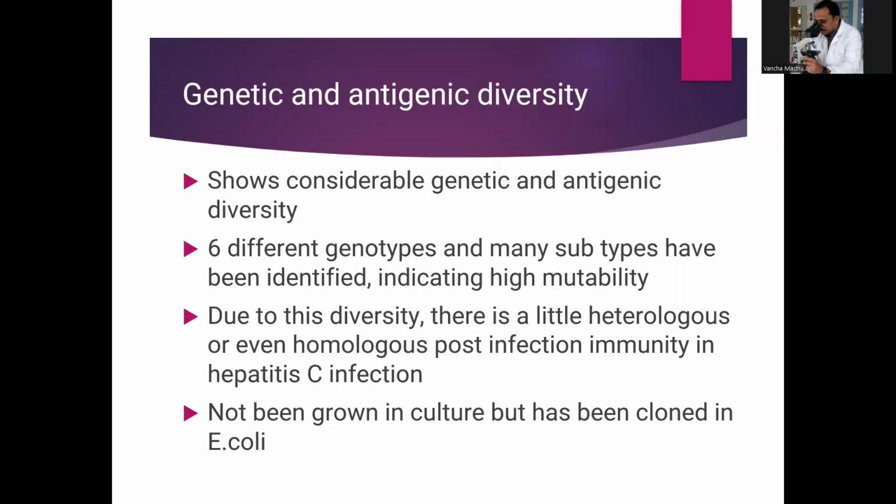Genotype 3 is mostly distributed in South and East Asia. It has a subtype 3a, which is most common in intravenous drug abusers in Europe. Genotype 4 is present in North Africa and the Middle East. Genotype 5 is present in South Africa, and genotype 6 is present in Asia. So these are the six different genotypes.